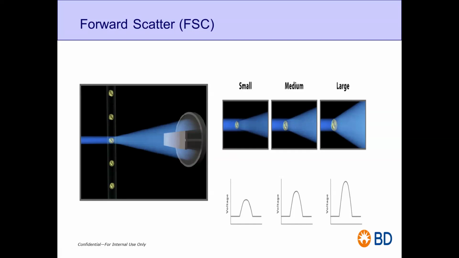Through that, you get to know the size of the cell. For example, if it's small, the bending of the light, the diffraction of the light, is very less. And if it's large, you can see here the diffraction of light is too much. Or you can take the example of a torch. When you have a small bulb, you get a small light, and if you have a big bulb, you get a big light. So it's the same concept here.